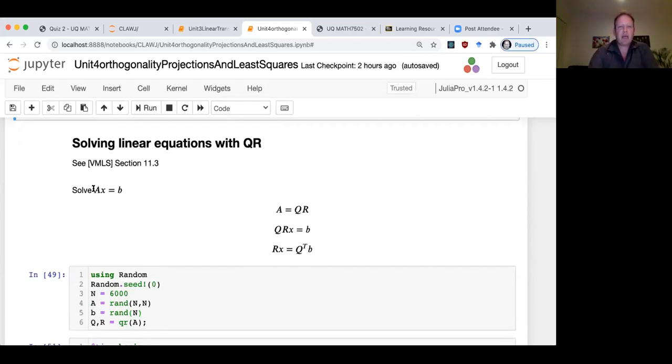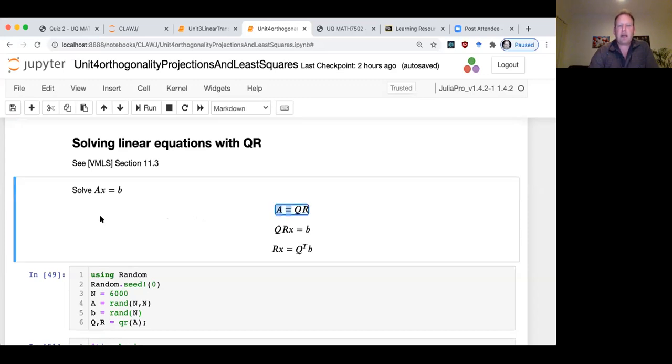All right, so if you want to solve AX equals B, okay? Here's a way to do it. You say A equals QR, and let's assume that A is square and full rank, meaning it has a null space of 0, meaning there's a unique solution to AX equals B. Instead of doing Gaussian elimination or an LU decomposition, you describe A as QR.